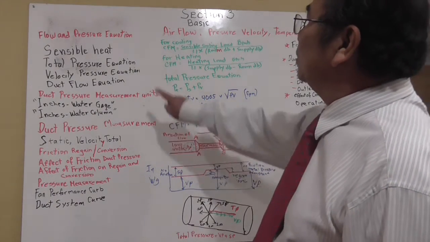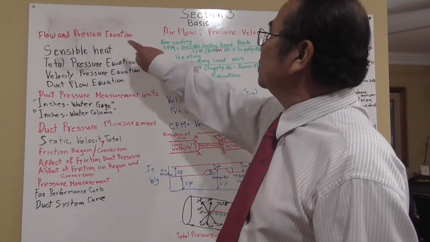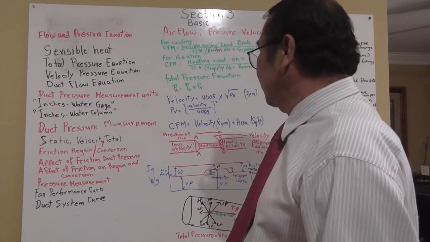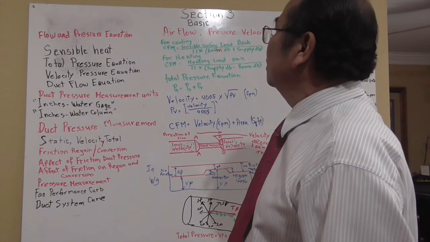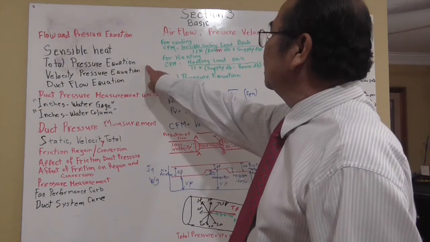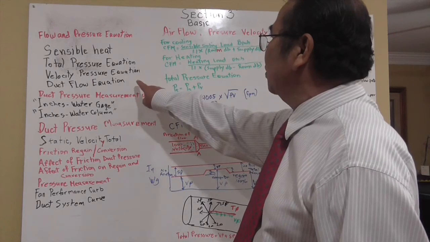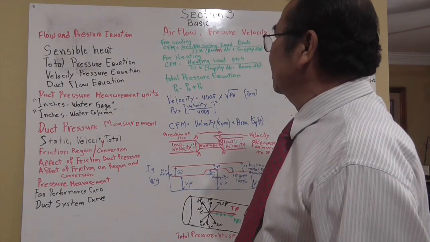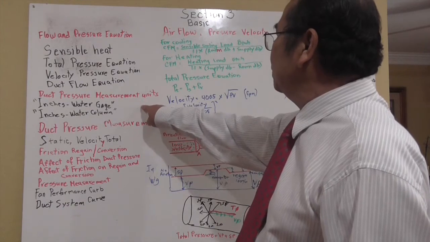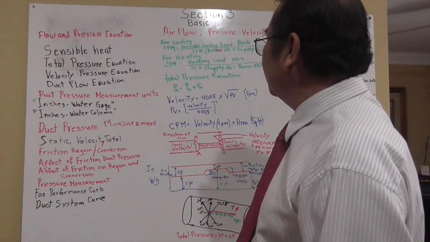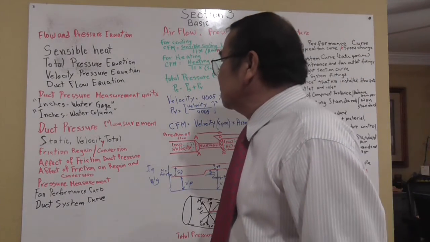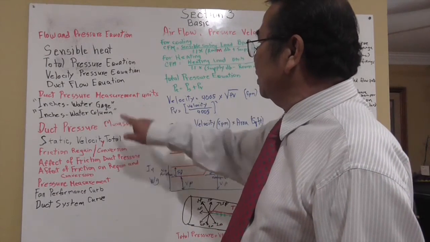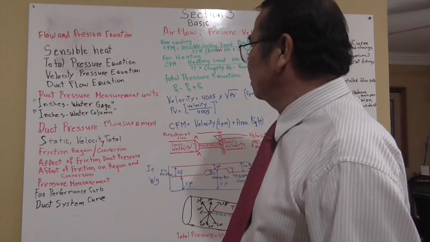The first thing we'll be talking about is the flow and pressure equations. Under that, we're going to talk about sensible heat, the total pressure equation, the total velocity equation, and the duct flow equation. Below that, the duct pressure measurement units we'll be using in the AC duct system are inches of water gauge, or inches of water column.